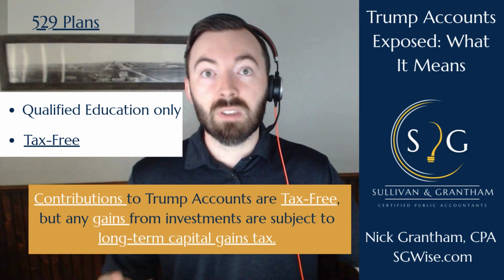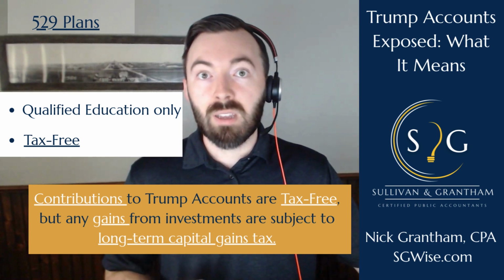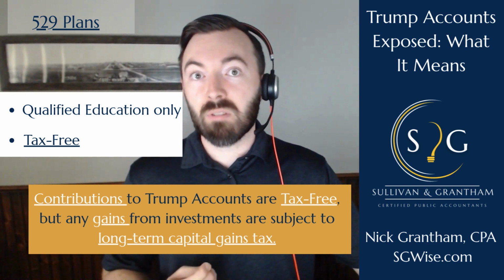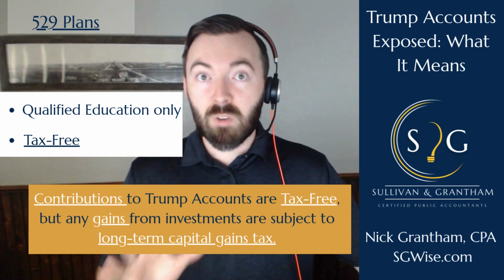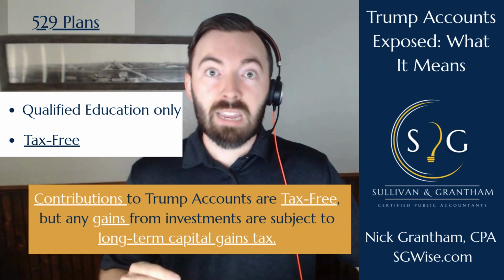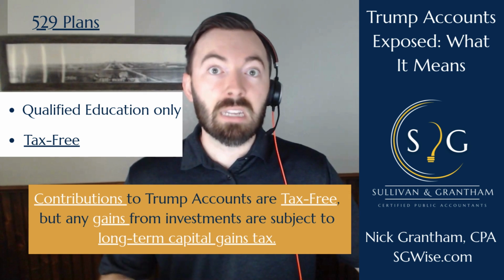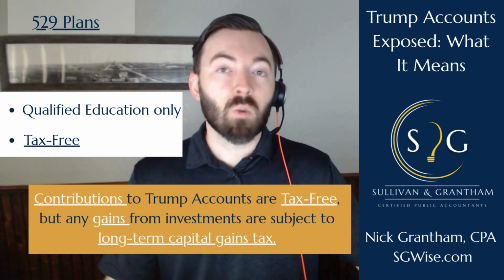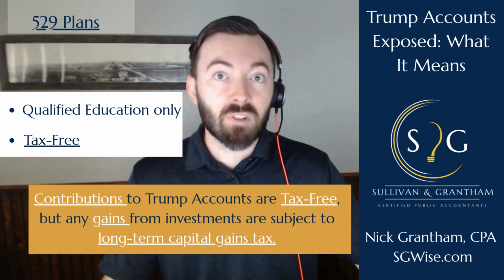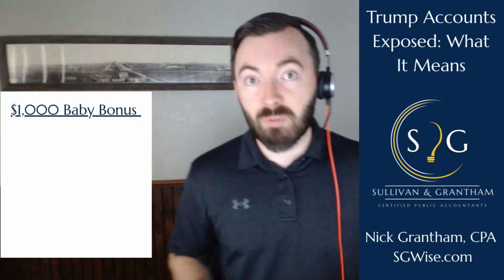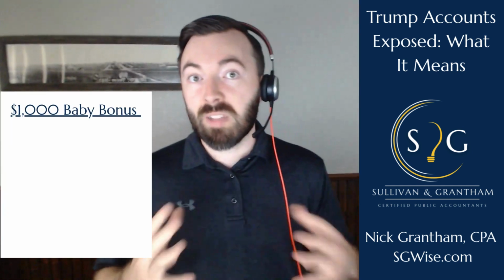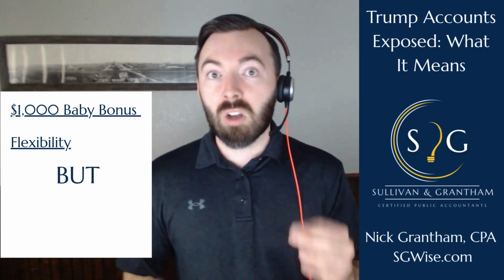Whereas the Trump accounts, that growth portion is going to be taxed at long term capital gains rates. So if you have a child, you want to save for college specifically, well, then the 529 plan makes more sense than the Trump account. Now, the Trump account's great because you're getting that $1,000 for free. It can be used for more, there's more flexibility, but the long term capital gain rate applies on the growth.